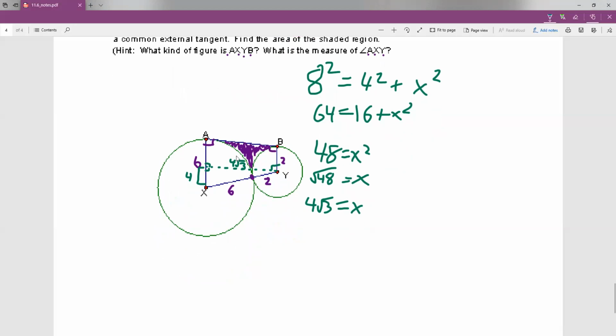So now let's think about how am I going to find the area of this shaded region? Well, we're going to have to do some subtraction. So the area of the shaded region is going to be equal to this big figure. So the area of the quadrilateral, minus, so it's this big figure, right?